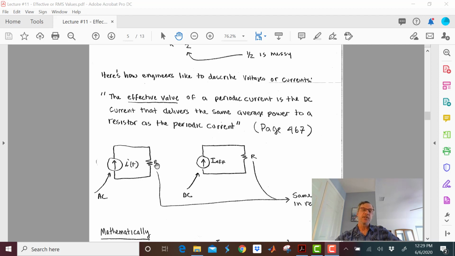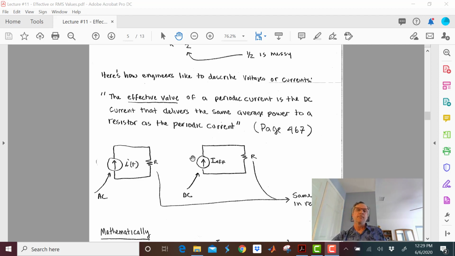And when I look at these resistors, they have the same average power. I want you to put a little caret right here and write average power. So in this resistor's case, it's going up and down and up and down. In this resistor, the instantaneous power is going up and down and up and down. In this case, I have DC, and the instantaneous power is just sitting there, right?